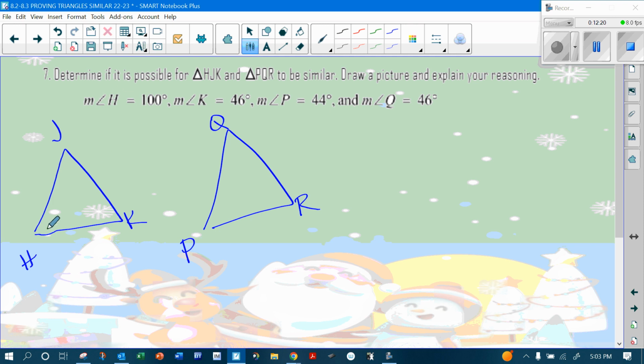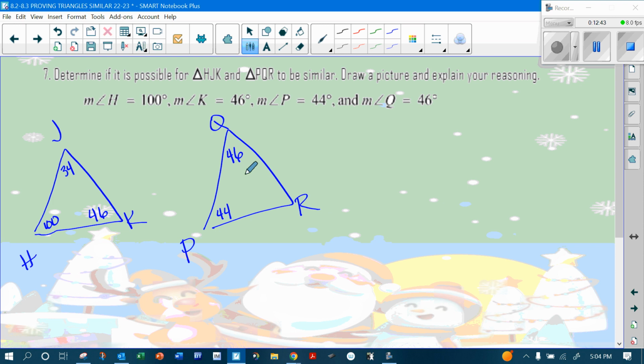So if angle H is 100, angle K is 46, so that's going to be 146. So 180 minus 146. So that's going to make this angle right here 34, because remember they have to add up to 180. Angle P is 44, and angle Q is 46.